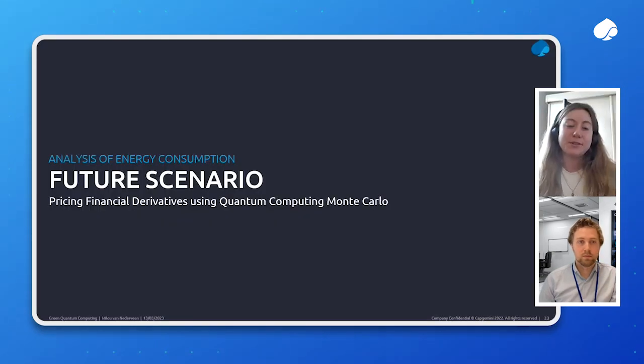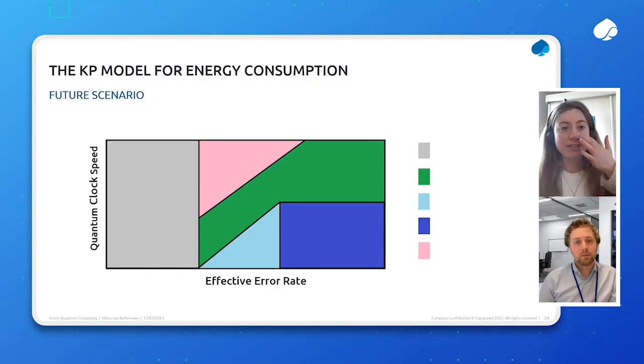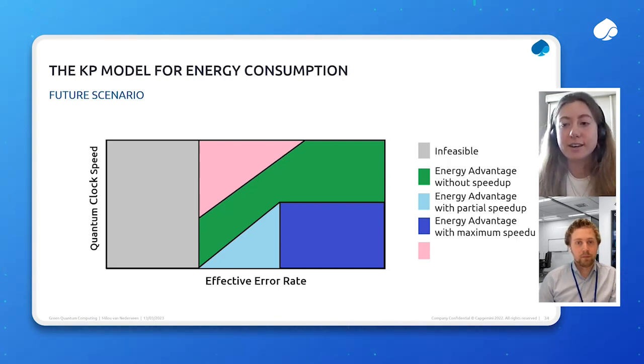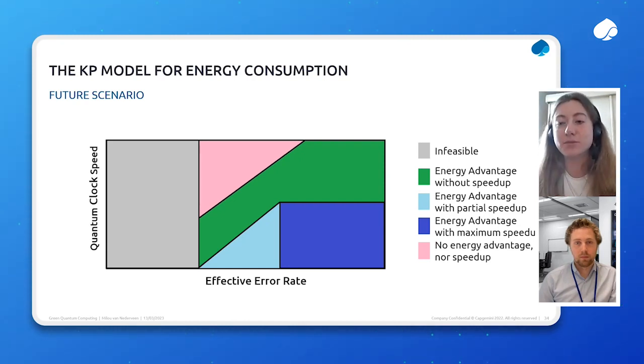To continue with a future scenario, we presented the KP model, and where we saw this infeasible region, the region with no speed up, partial speed up, and full speed up. And on top of that, we can translate this to the energy efficiency or the energy advantage.